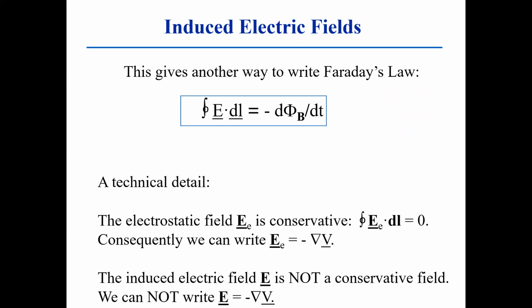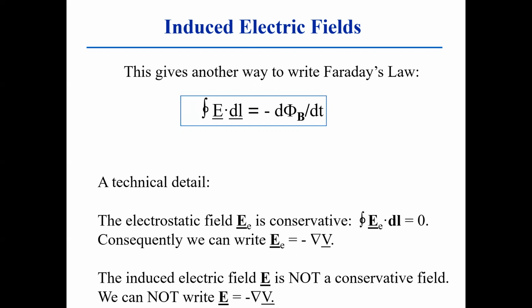That changes Faraday's law as we have written before. Faraday's law becomes the closed loop integral of E dot dl equals the rate of change of magnetic flux, which is minus d phi by dt.